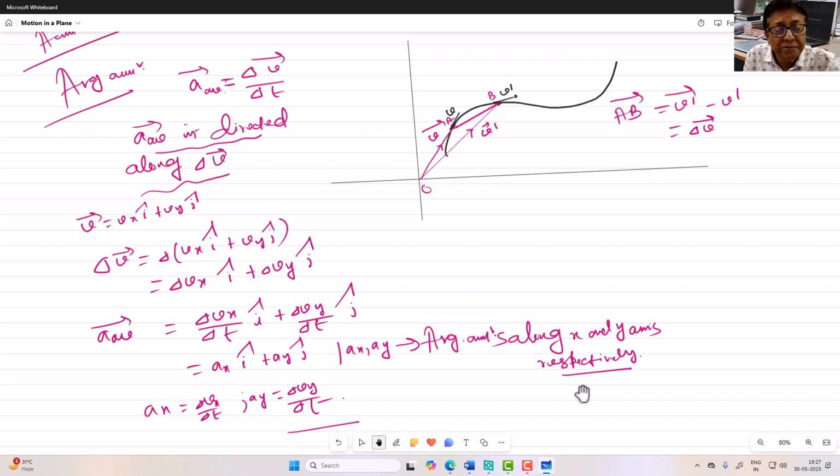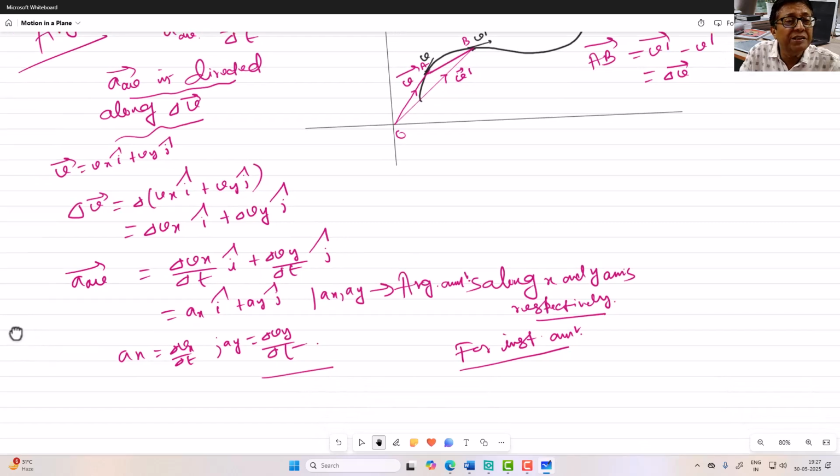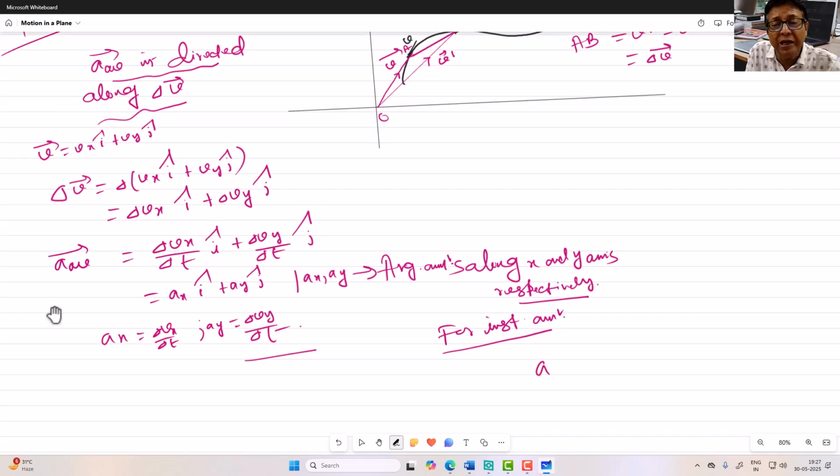Instantaneous, how to find? For instantaneous acceleration at a point, I am just writing A for that, it will be the limit delta t tending to 0 of delta Vx by delta t i cap plus delta Vy by delta t j cap.